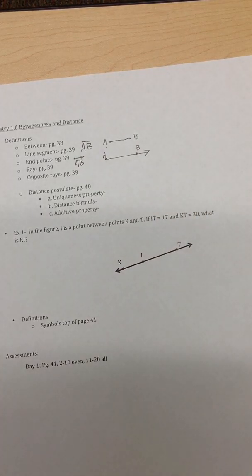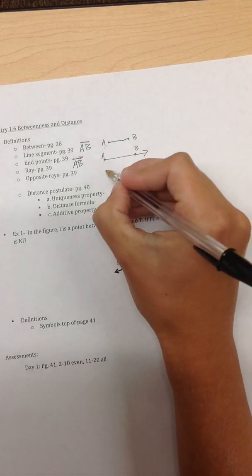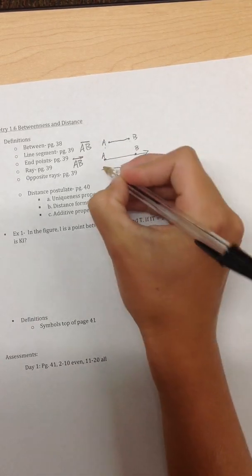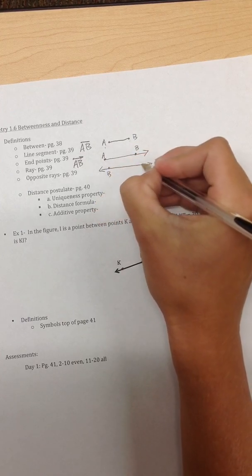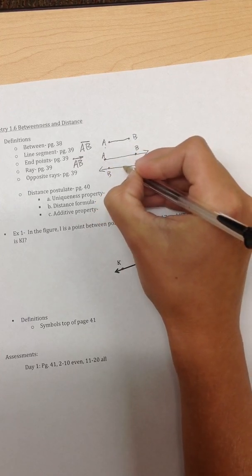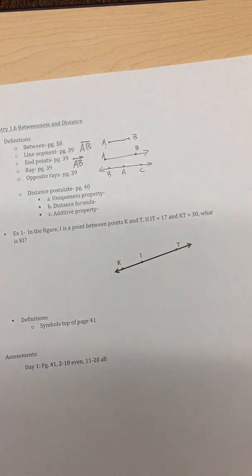Now opposite rays goes right along with ray. It says ray AB and ray AC are opposite rays if and only if A is between B and C. Let me draw that out for you. If we've got a line going like that, we've got B, we've got C, and they want point A to be in the middle.